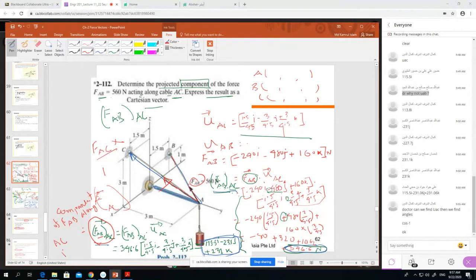Otherwise you will be confused. We write it like this way, FAB AC. So now it is the force AC, that's why we multiply by the direction AC. Okay, now clear? Or any other question?